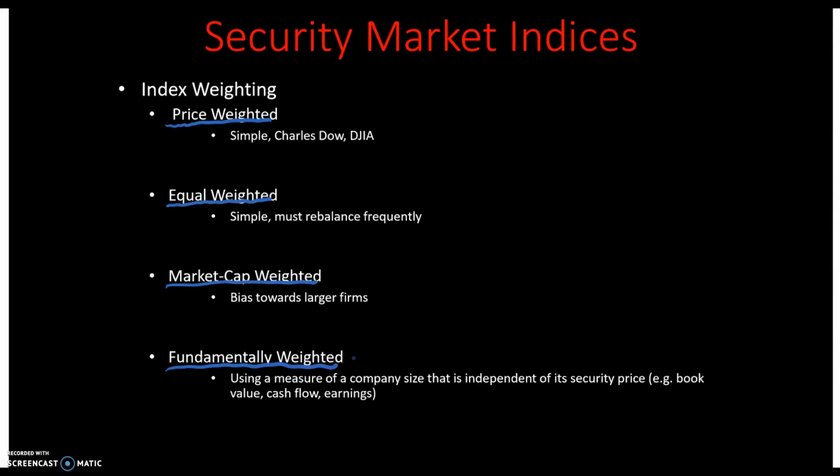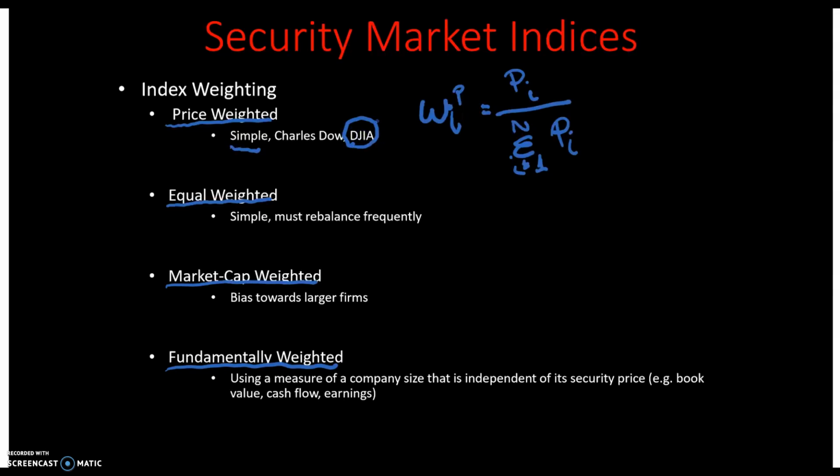If we wrote the formula down, the weighting of asset i in the price index would be equal to the price of asset i over the summation of all the prices of all the assets in the index. That's how that would work. It's very simple. An example of this type of market index would be the Dow Jones Industrial Average.